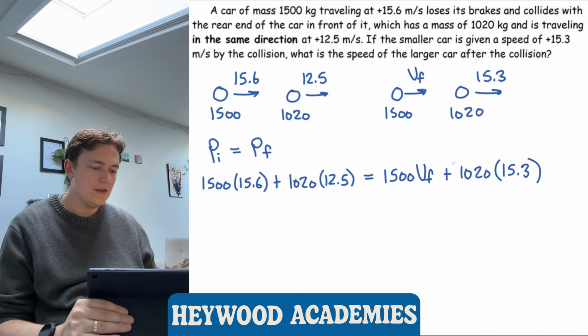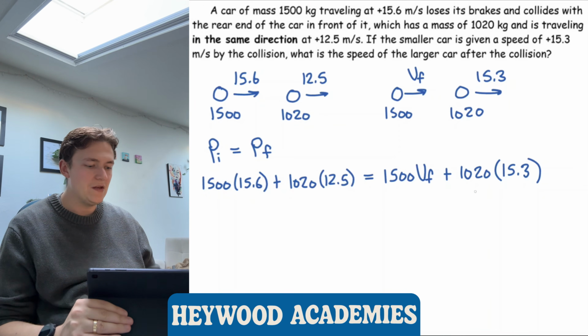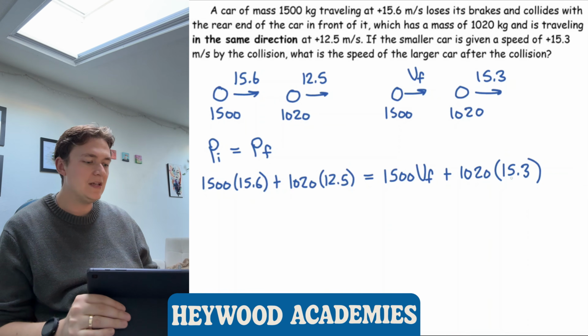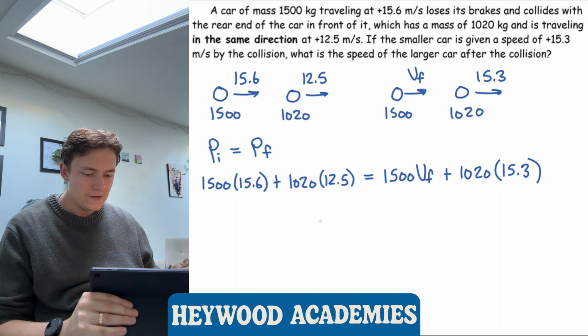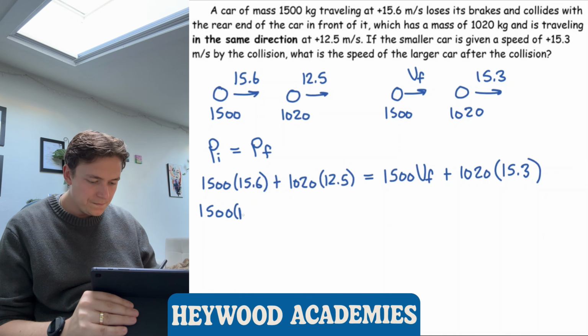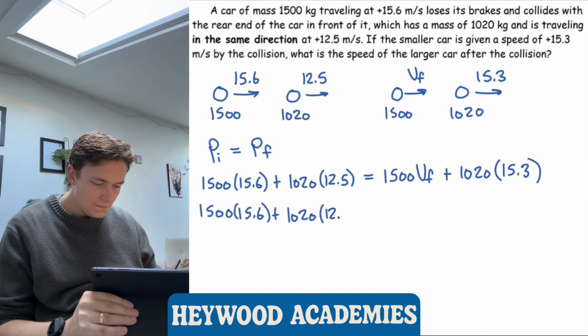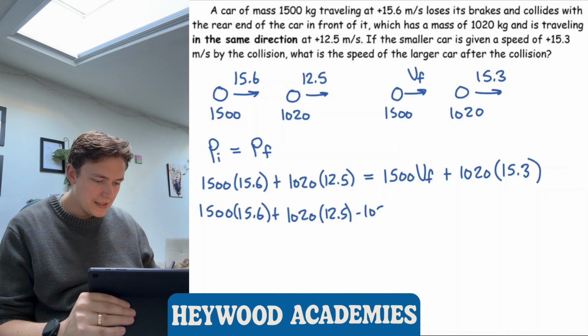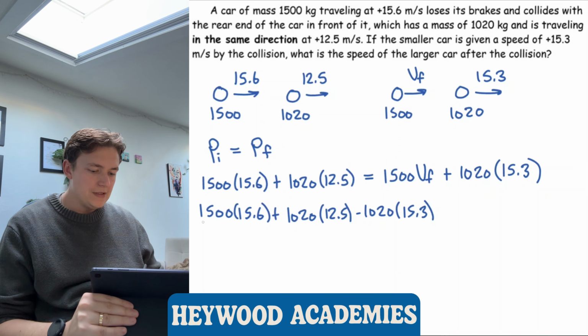Okay, so now from here we can bring some of these terms over to the other side. So we'll start with dealing with that plus sign that's in the middle. So we'll bring the 1020 times 15.3 over to the other side. So that's going to be, all of this stuff will be the same here. And then we'll have to subtract this term from the other side. Okay, and then once we've done that, then we'll have to divide the whole thing by 1500.